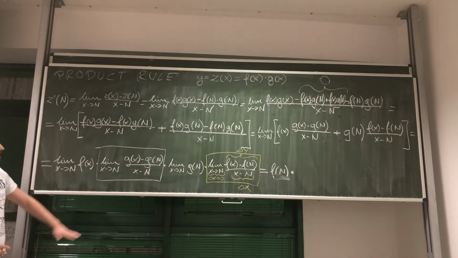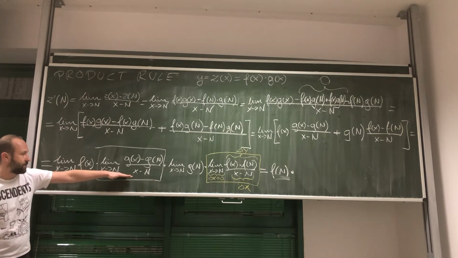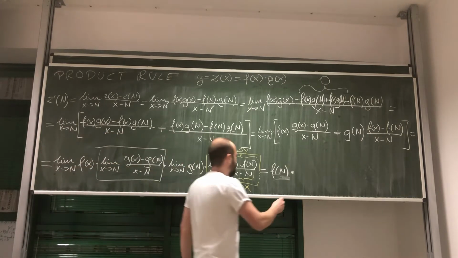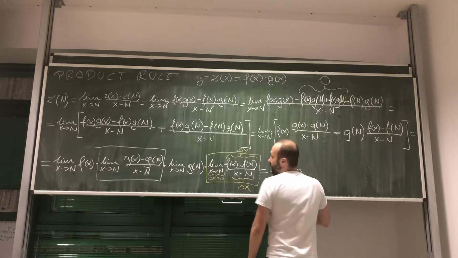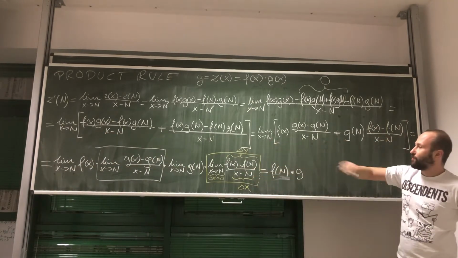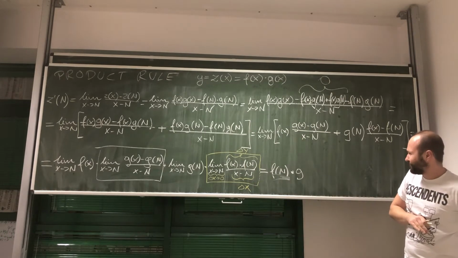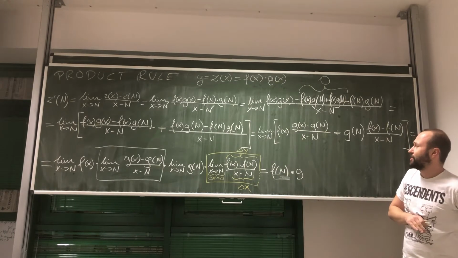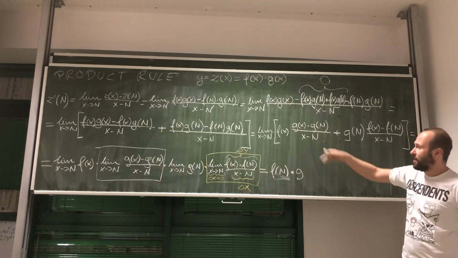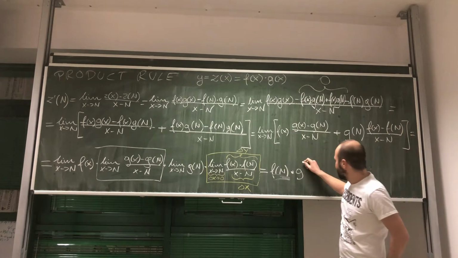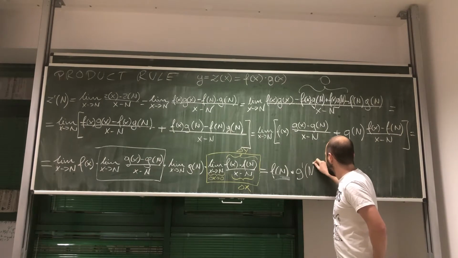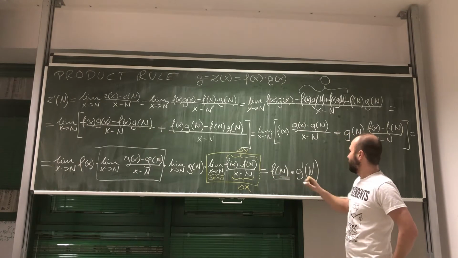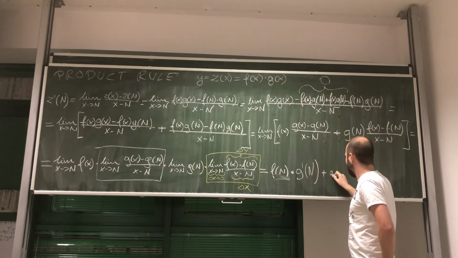And by the same token, this expression is the limit of the function with x approaching n at point n, so g of n. So this is g prime of n. Now we've got plus g of n, right?